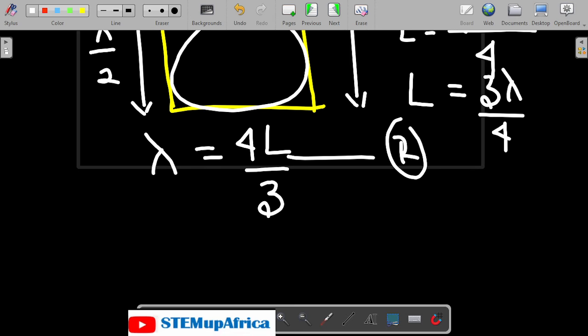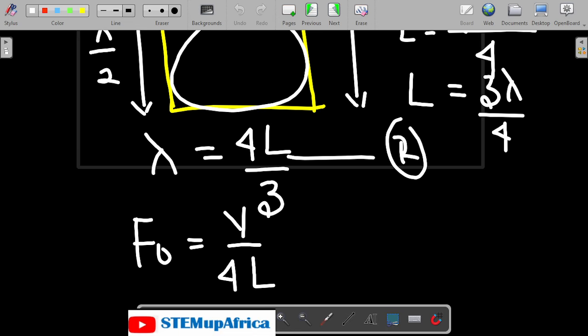I'm just trying to show you how it is done. So we know that F0 is V over lambda, which is V over 4L.